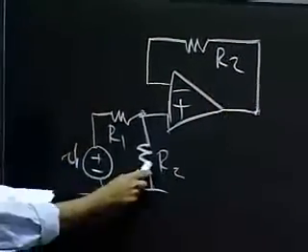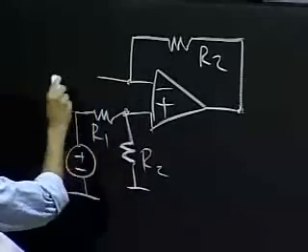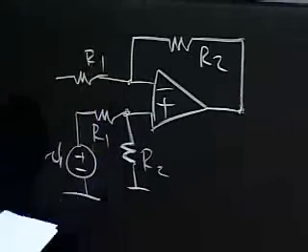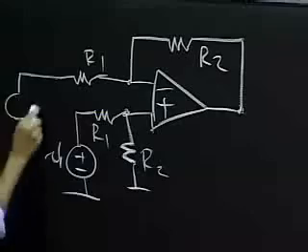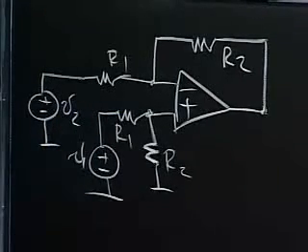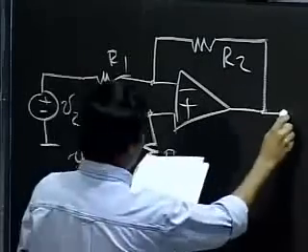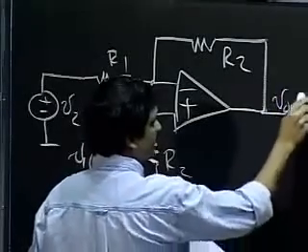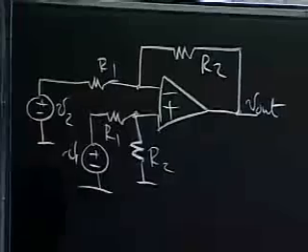This is going to be R2, the same as this one here. A resistor R1, and then a voltage source V2 that I connect out here. So notice that, and I take the output V out out here.